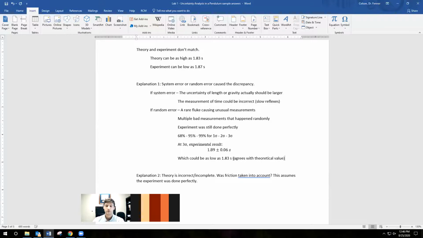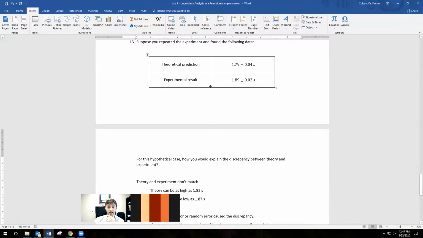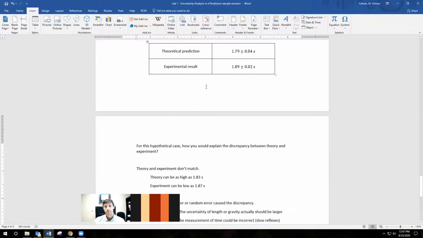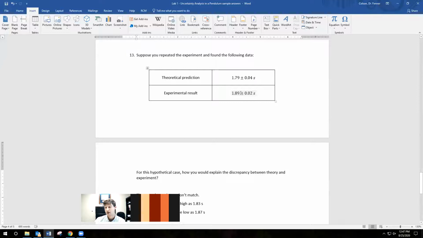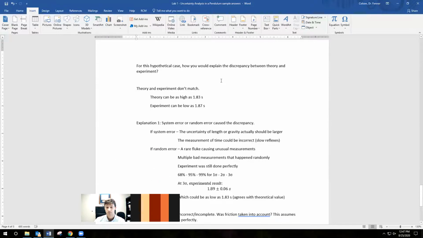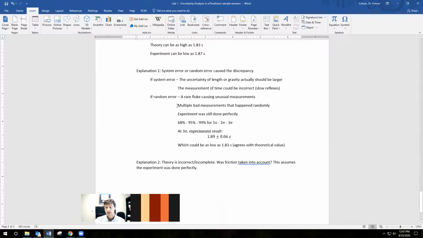So it is possible, if you had this data, you could conclude that it could be a system error. So simply, you made a mistake in the experiment. It could be a fallibility in the theory itself. But if it was random error, it would require a 3 sigma effect.